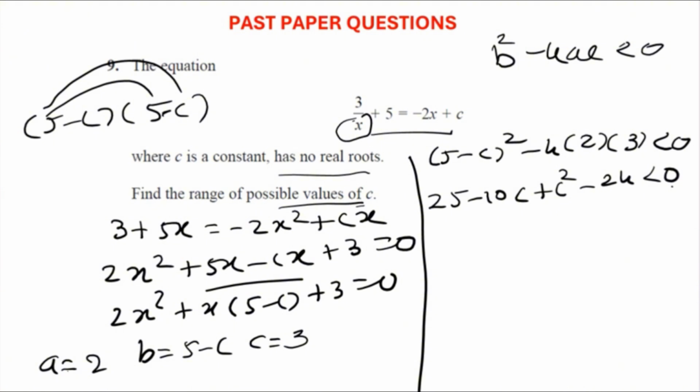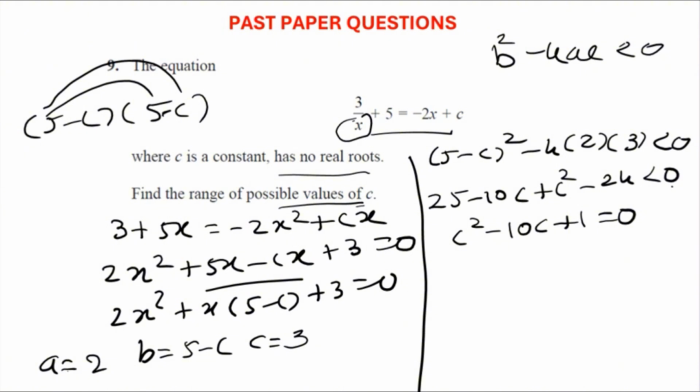Rearrange it in the form c squared minus 10c plus 1. I am writing equal to 0 because I have to find the value of c and I have to factorize it. Now as you can see, there is a 1 here, we can't divide into 10, so we can use the quadratic formula.